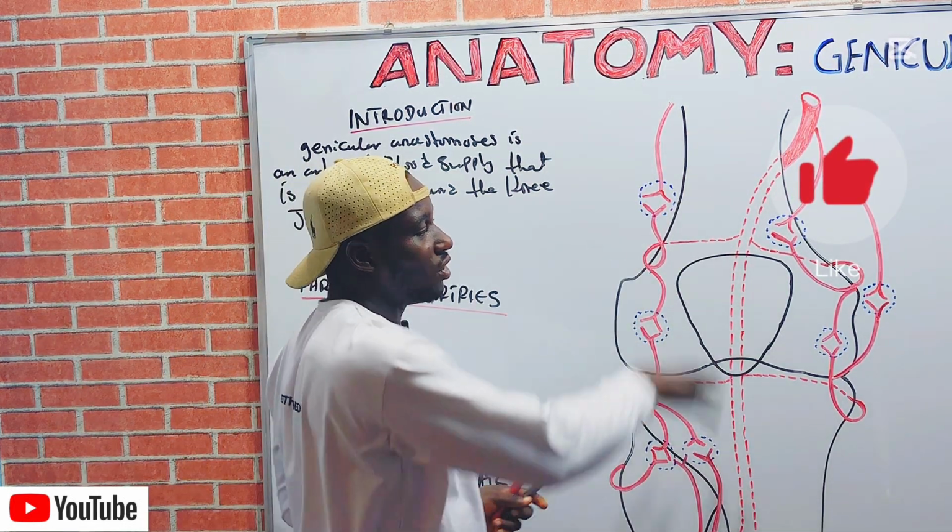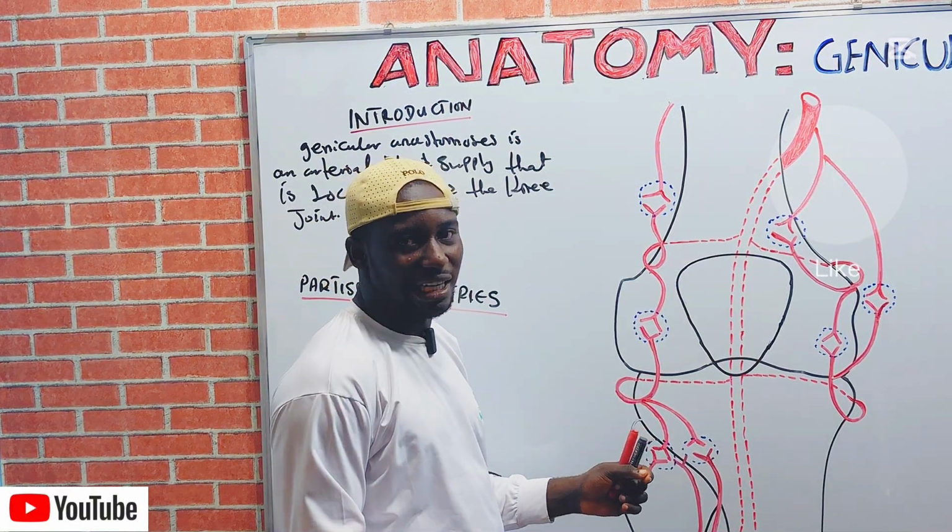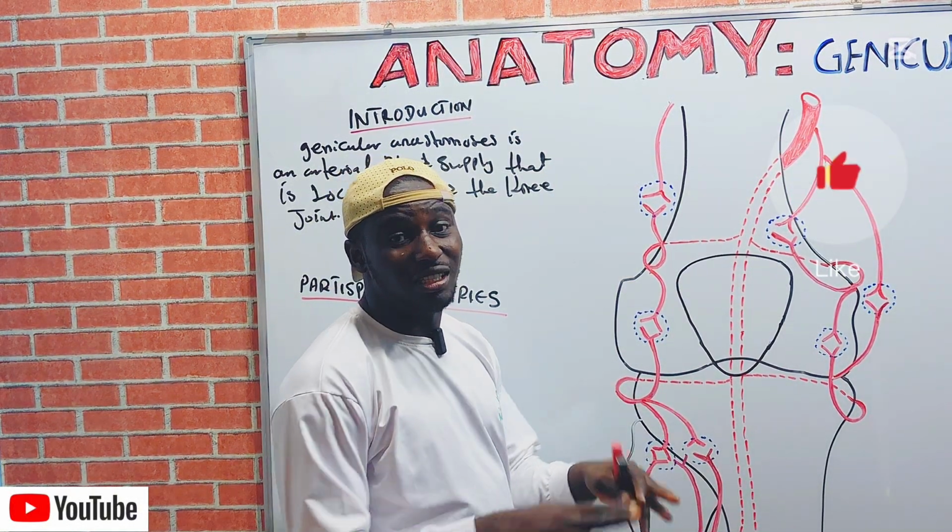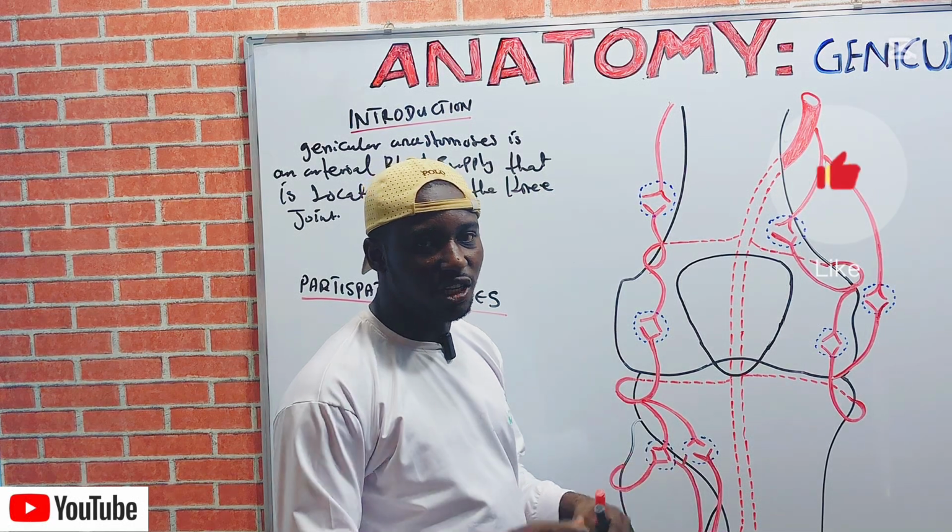This diagram here shows us all the participating arteries and how the genicular anastomosis is fashioned around the knee joint.